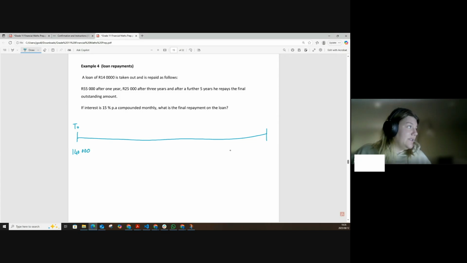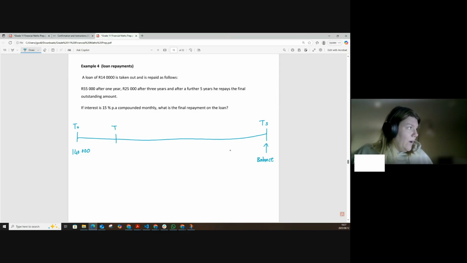So let's see. It's repaid as follows. Total time is 5 years, so we'll put that there. The amount that is left in the account is going to be called our balance. That's what we still have to pay at the end of the 5 years. So we start with a 140,000 Rand loan.